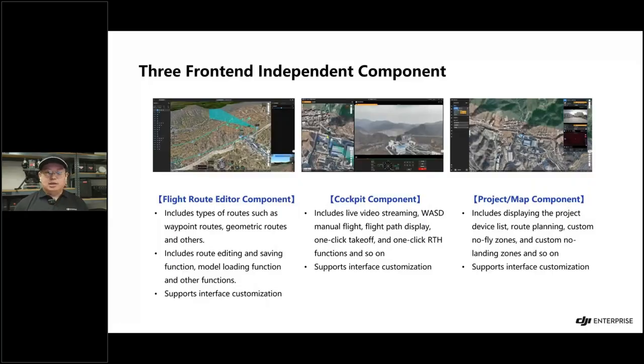And similarly, under projects, the map components display all the projects and map missions you created. That familiar user interface is very easy for users to adapt to when switching to a third-party system that is using the DJI front-end component built based on the Open API.